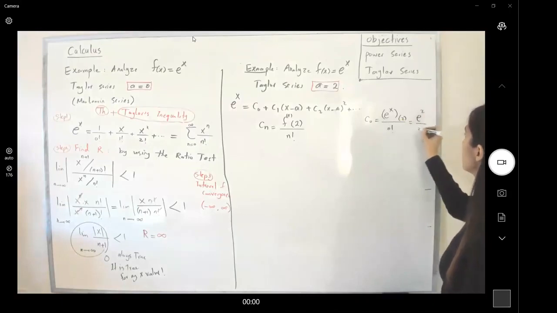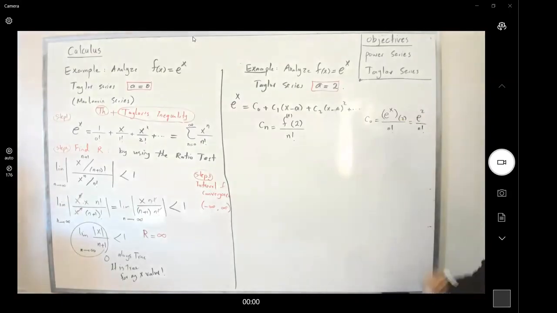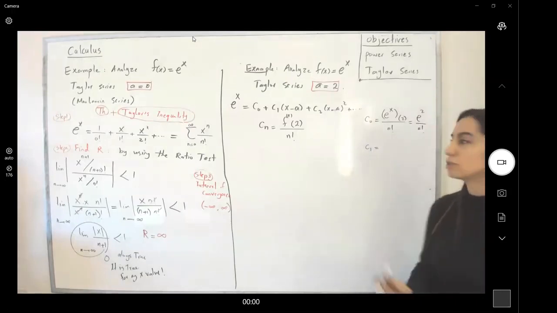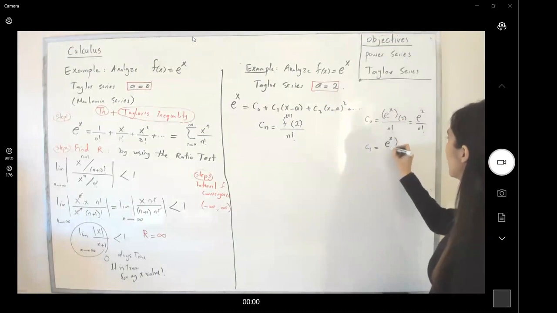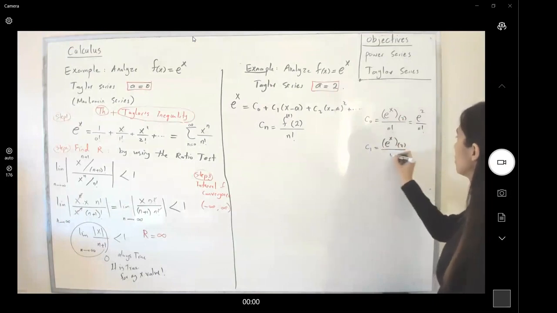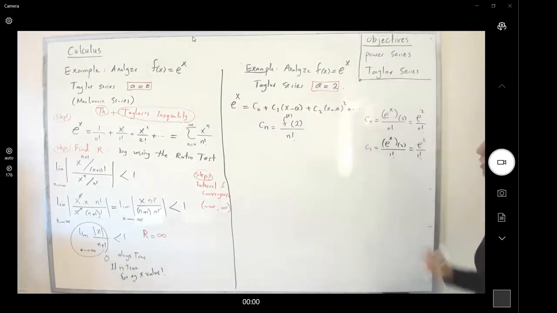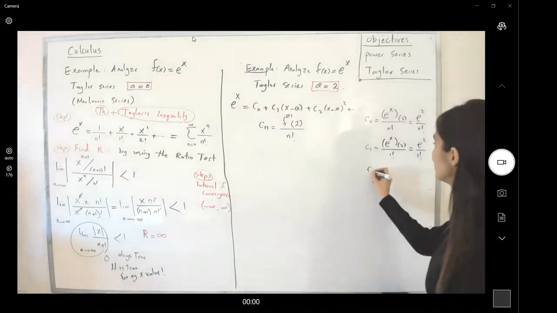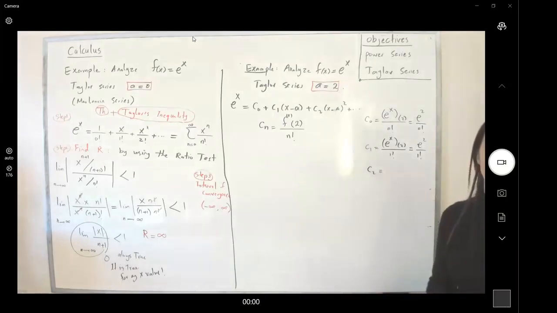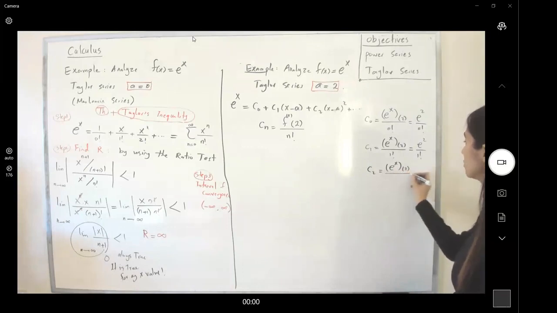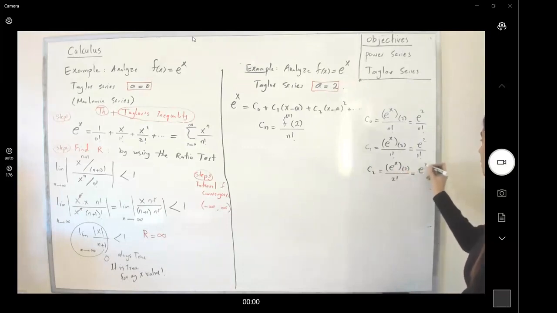You get e squared over 0 factorial. C sub 1 is the first derivative of e to the x, which is e to the x, evaluated at 2 over 1 factorial, which is equal to e squared over 1 factorial. C sub 2 is the second derivative, the same as e to the x, evaluated at 2 divided by 2 factorial, e squared divided by 2 factorial. You can continue this process.